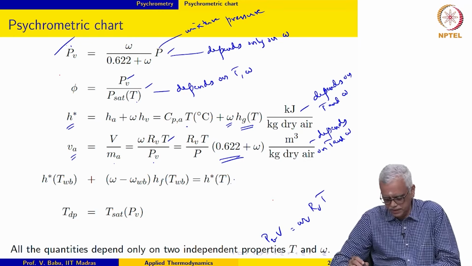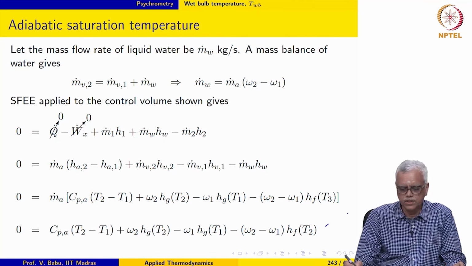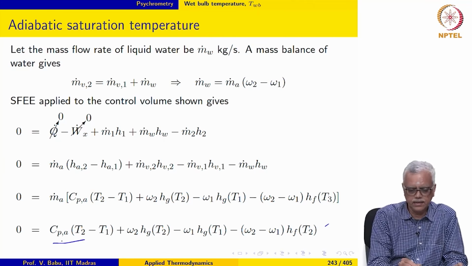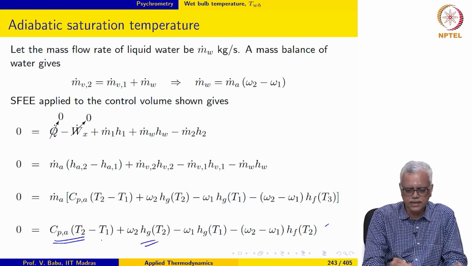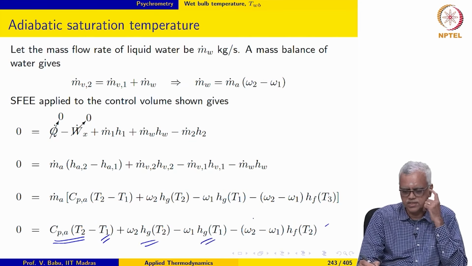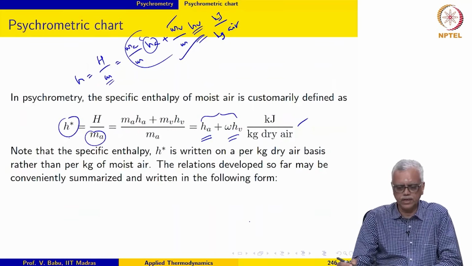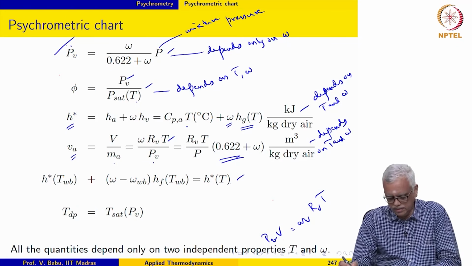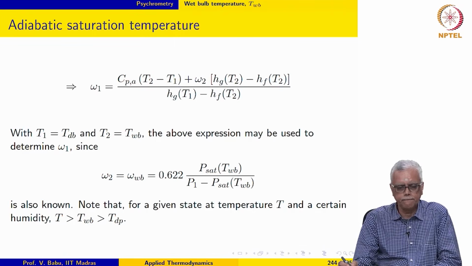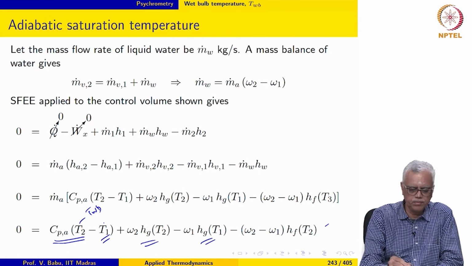Now, the next relationship comes from this one here. So, if you look at this one again, I can gather Cp times T2 plus this as H star of T2 and Cp times T1 plus this as H star of T1 and then rewrite this. So, if I do that, I end up with this, and remember we have already said that T2 is T wet bulb, T1 is temperature or T dry bulb.